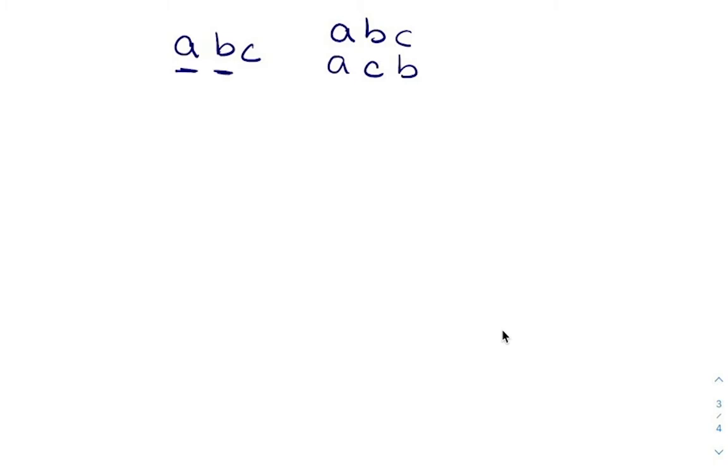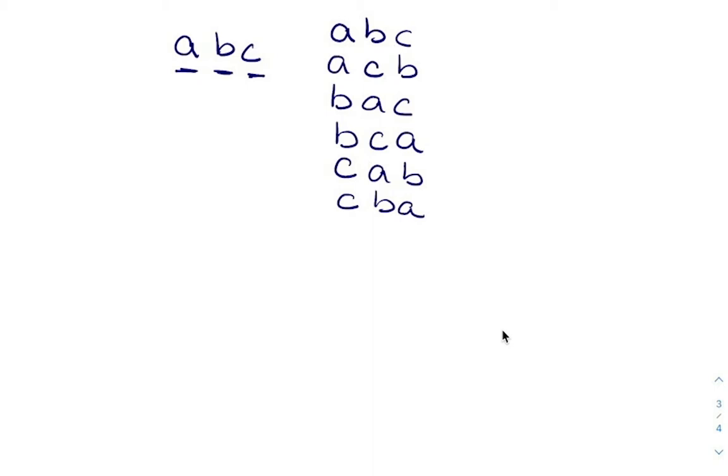Starting off with character B, we can make B, A, C, and we can also make B, C, A. And then starting off with character C, we can make C, A, B, and we can make C, B, A. So those are our 6 permutations right there.